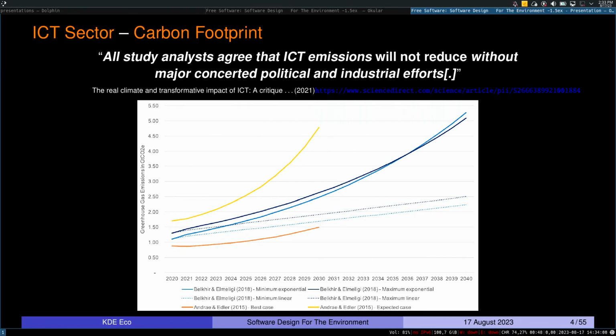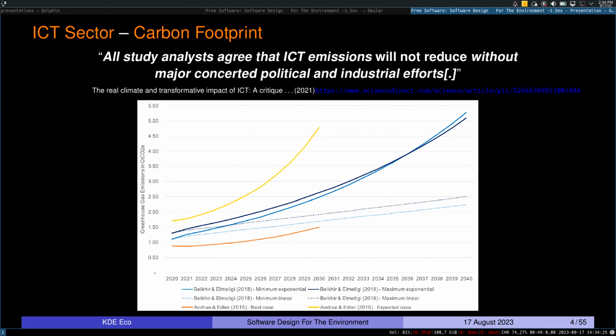This is a graph, again, all having upward slopes, which is a meta study looking at various research papers trying to estimate what the CO2 emissions are of the ICT sector. One thing I want to point out here is that the estimates vary. You can see some grow exponentially, some grow linearly.